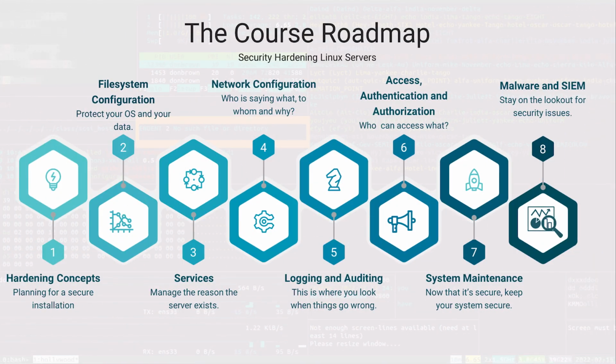The hands-on demonstration in this course will show you how to secure Linux file systems, services, network configuration, system accounting, logging and auditing, access authorization and authentication, AAA, system maintenance, and then we'll talk about malware and SIEM at the end.